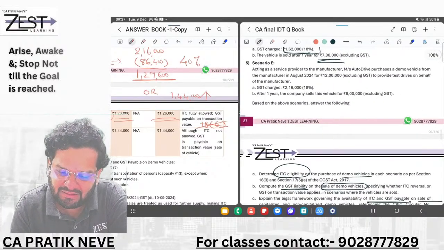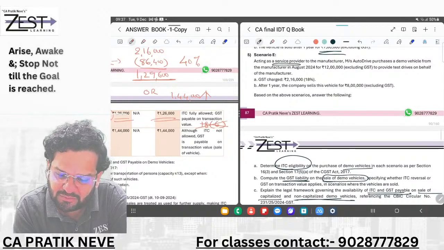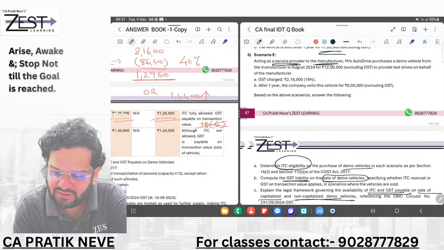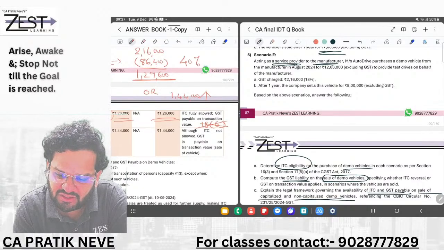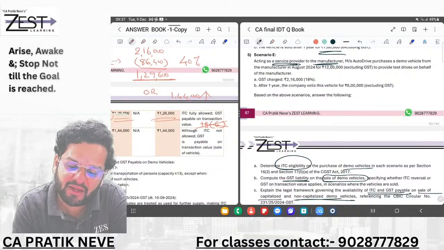And lastly, acting as service provider to manufacturer. Messrs Autodrive purchases demo vehicle from manufacturer to provide test drives on behalf of manufacturer.